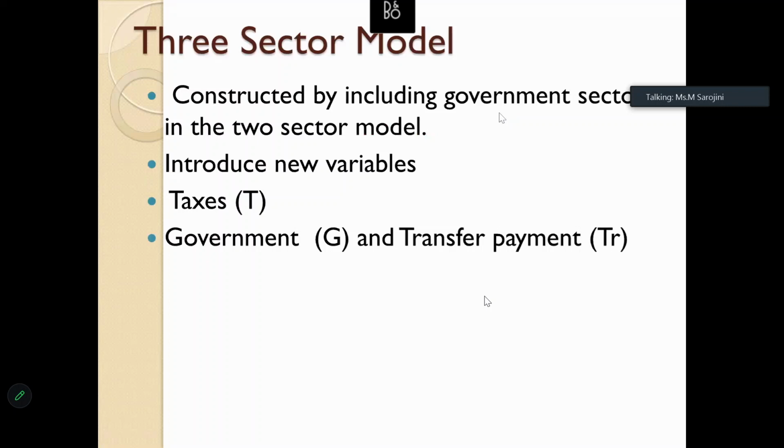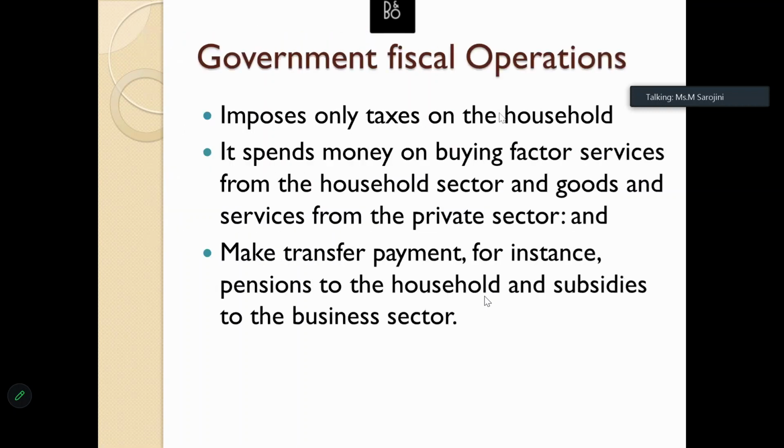With these two sectors, here we are incorporating the government sector as the third sector. Under this government sector, there are taxes, government expenses, and transfer payments. Using these government activities, we are calculating the national income under the three-sector model.